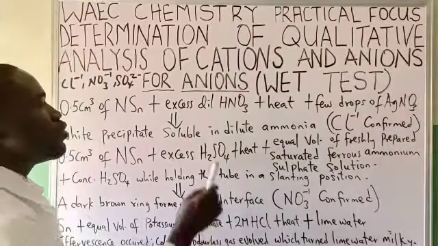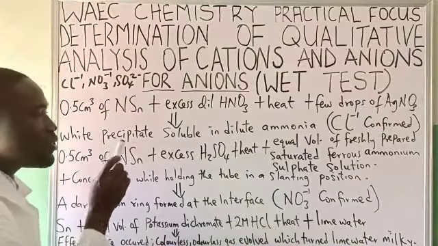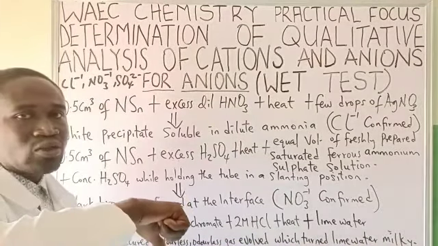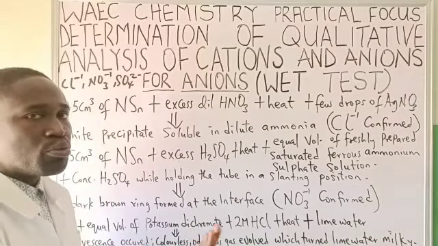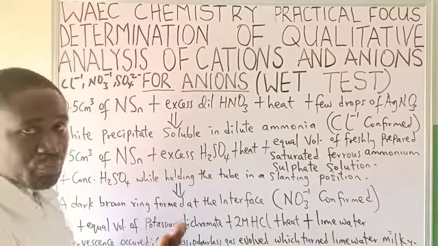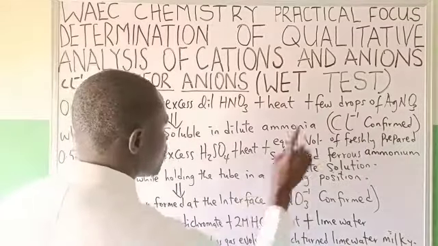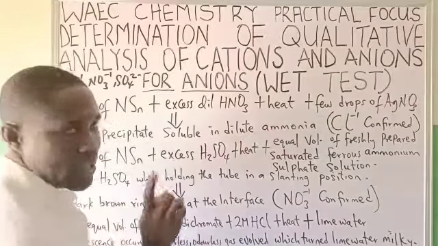That means once you put a few drops and it gives you a white precipitate, and you add dilute ammonia and it gives you a soluble solution, a white soluble solution that is no longer a precipitate, it means chloride ion is confirmed. That is how we say white precipitate soluble in dilute ammonia.